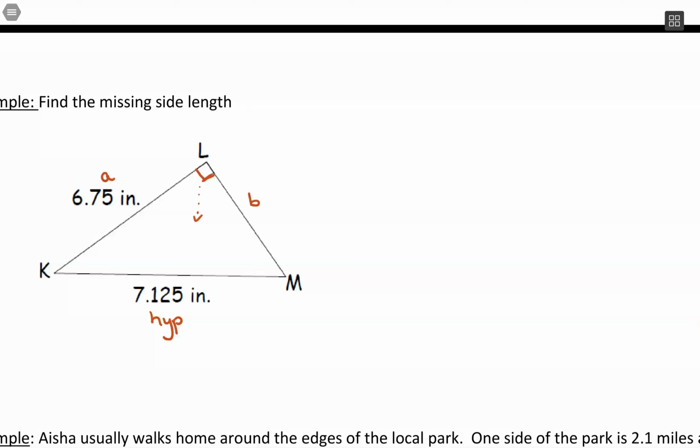So what this is going to look like is we'll have the hypotenuse squared, which we actually have a numerical value for, 7.125 squared, equals leg squared plus the other leg squared, which one of those is our unknown. So this is what our formula would look like.